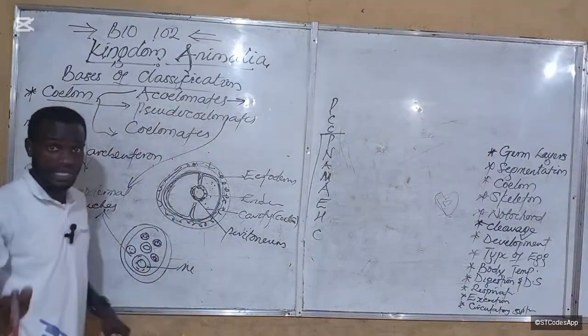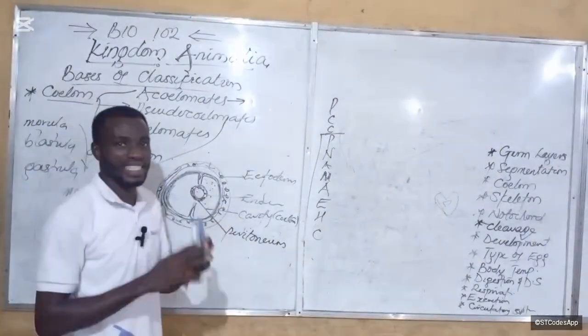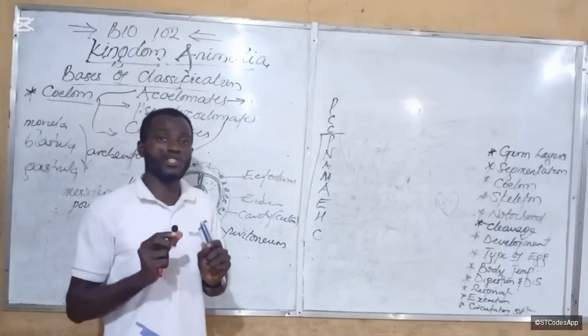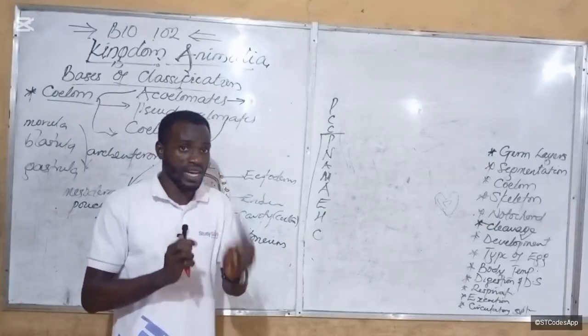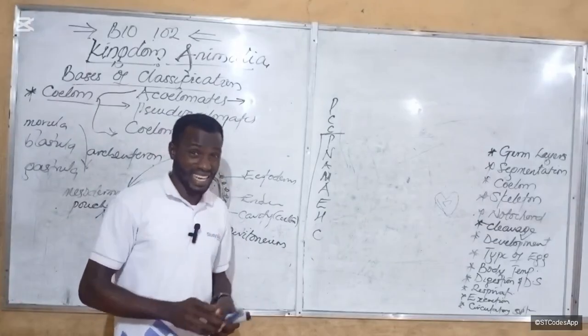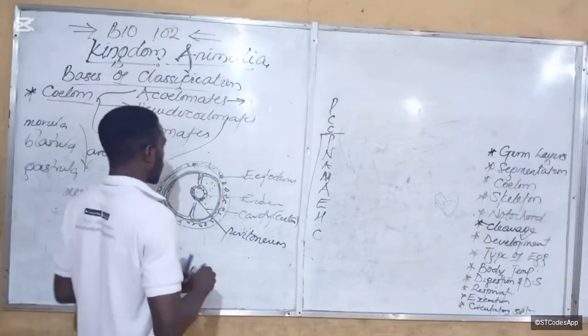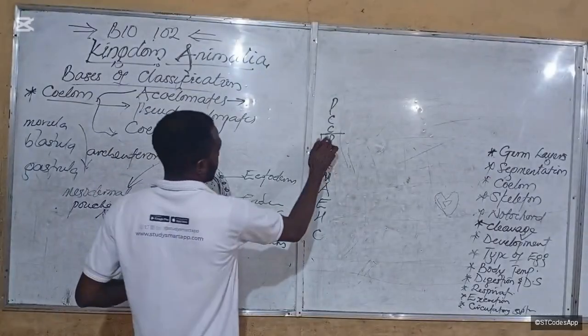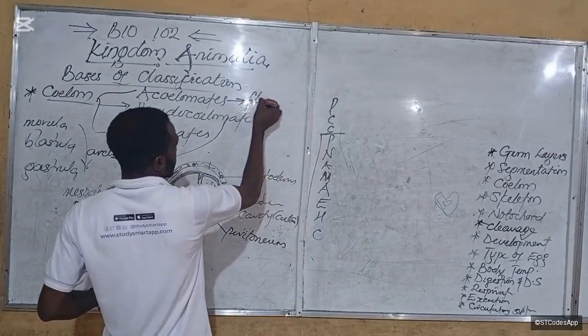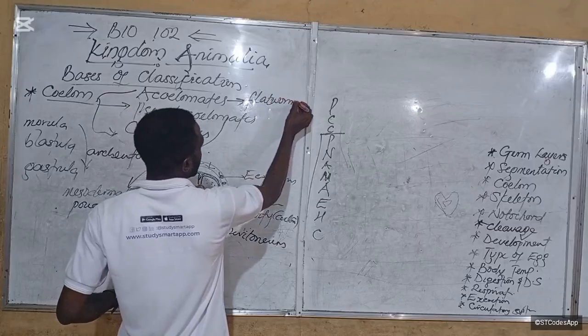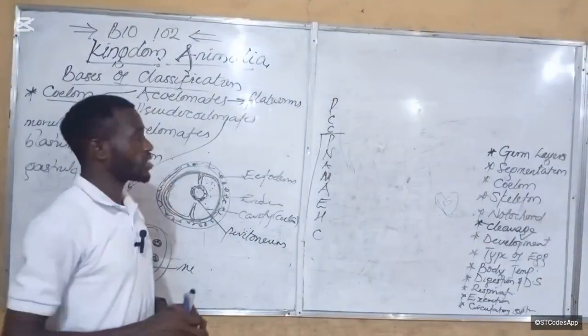Then the acoelomate is where there is no body cavity at all. And that's why the organisms characterized as acoelomates have reduced body size. An acoelomate is platyhelminths. The flatworms or platyhelminths are acoelomates.